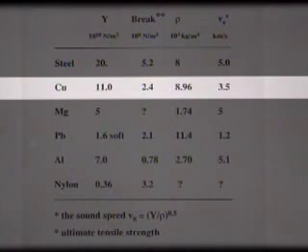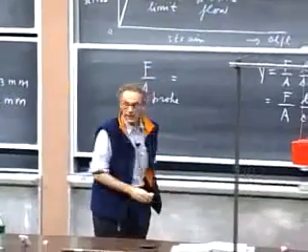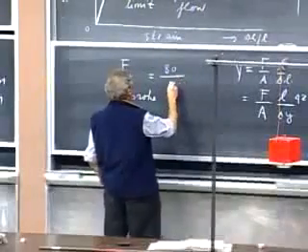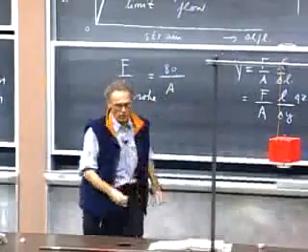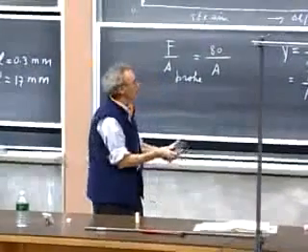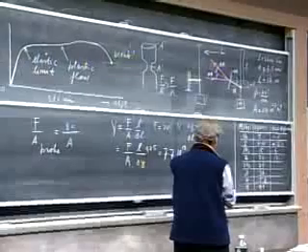We can also measure the ultimate tensile strength. In other words, we can measure the value for F over A when it broke. So that happened, I think, wasn't that 8 kilograms? So that would be 80 divided by the area that we know. And so that gives me 80 divided by 2 times 10 to the minus 7.